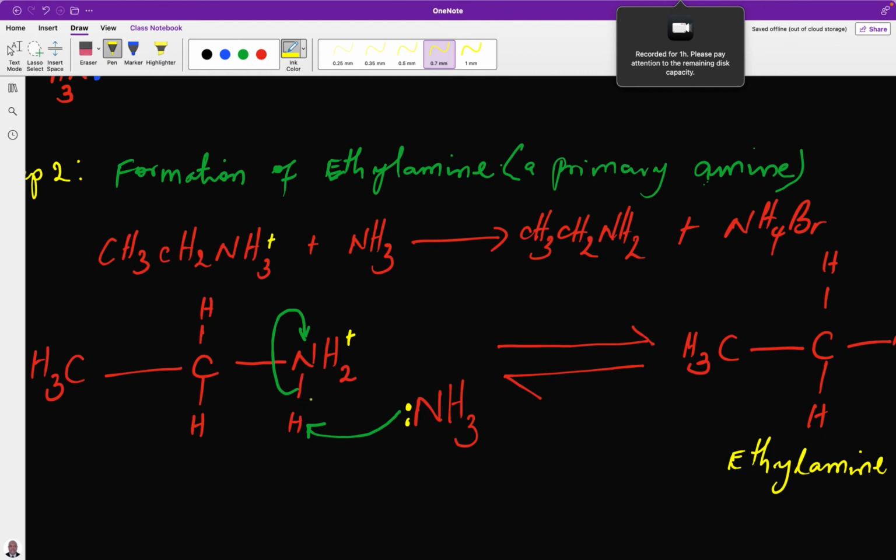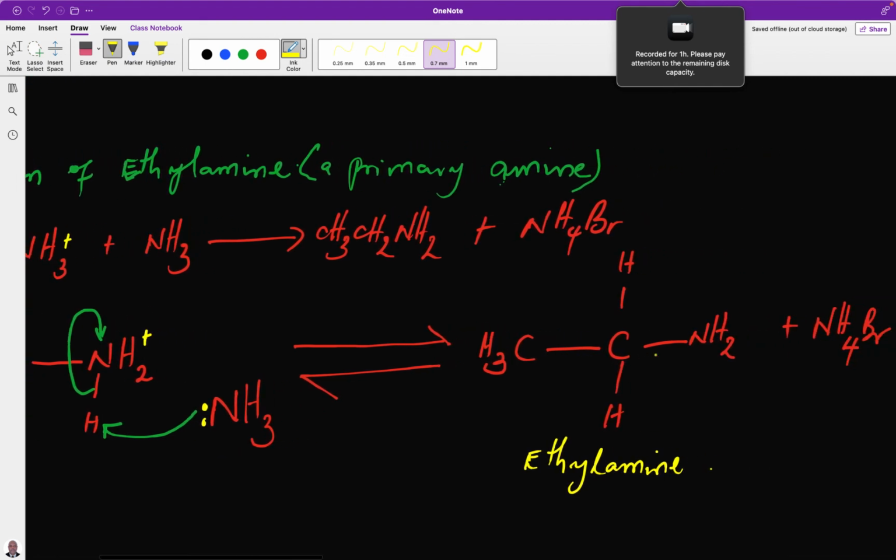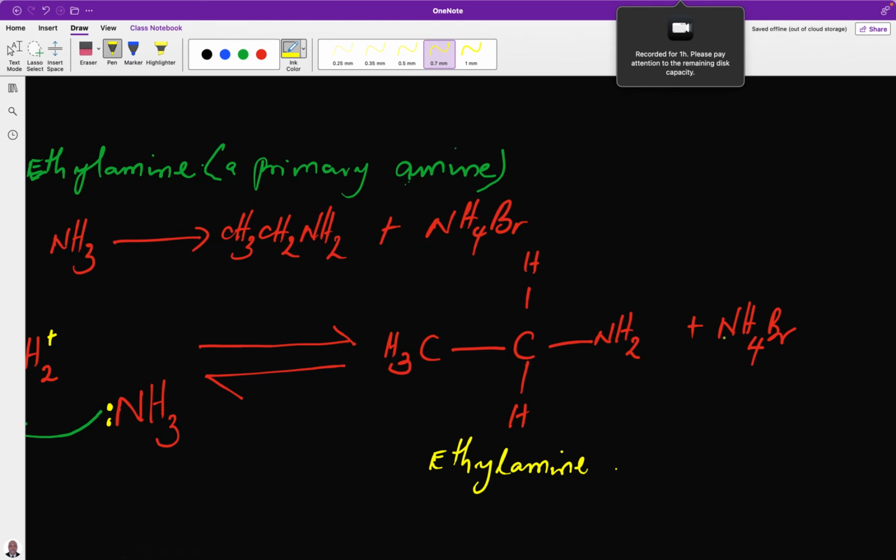There is heterolytic fission. The hydrogen now comes and benefits from this lone pair of electrons. An amine is formed, with the bromide that was in solution, all combined to give this structure. And that is why ethylamine is our final product.